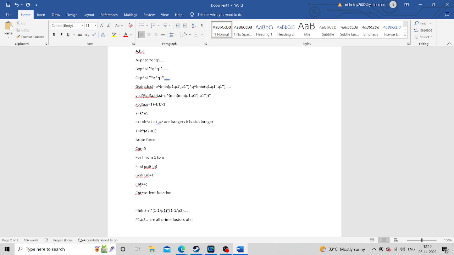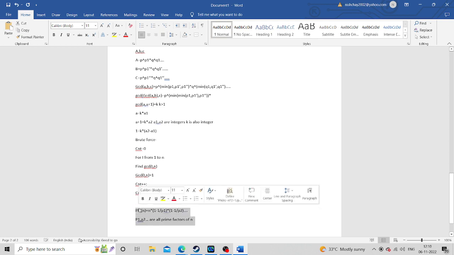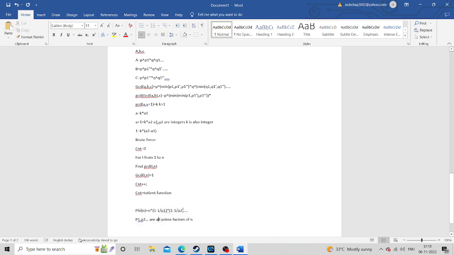So if you want to count all the numbers that are less than n and the GCD of those numbers with n is equal to 1, you simply apply this formula. You take n, do its prime factorization, put all the prime factors over here and find the answer. That's all. This would always give you a count of all the numbers less than n and co-prime to n. Fine.